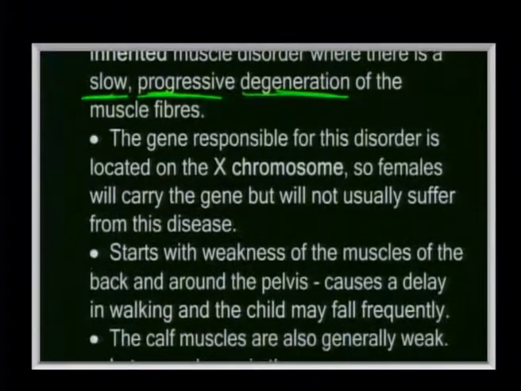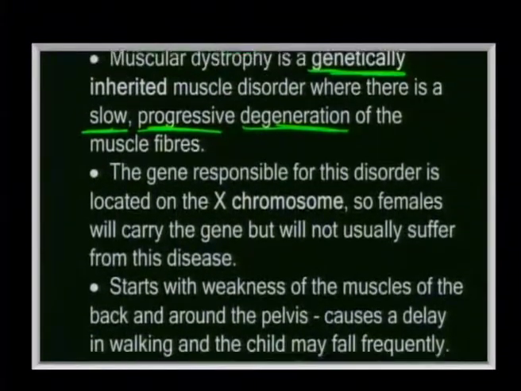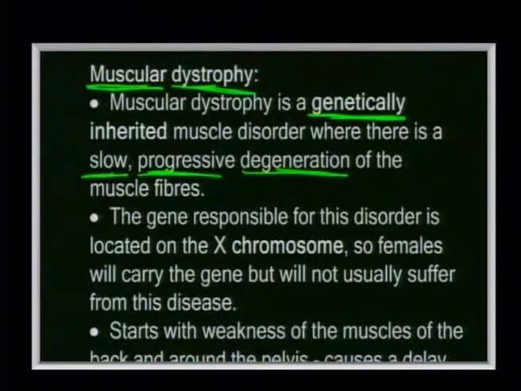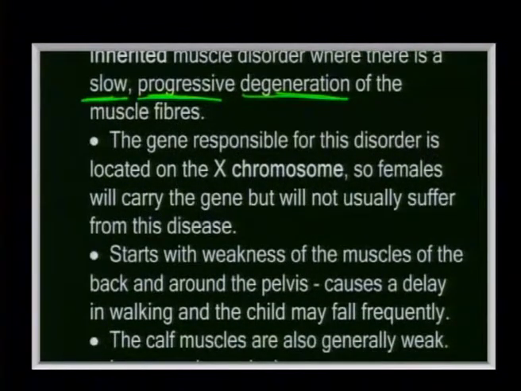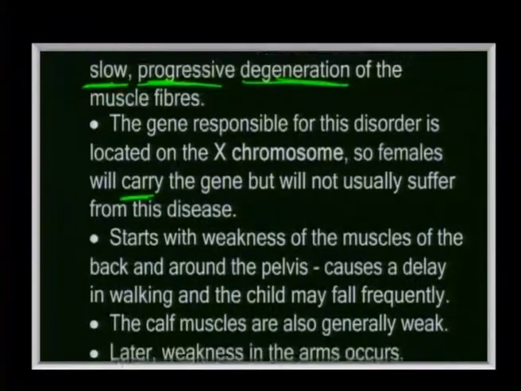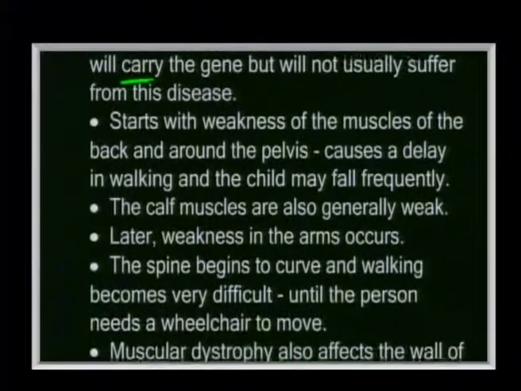And it's a sex chromosome transmission. Here we have it carried on the X chromosome, so the females will carry the gene, but will not usually suffer from the disease. But you do find girls that do.